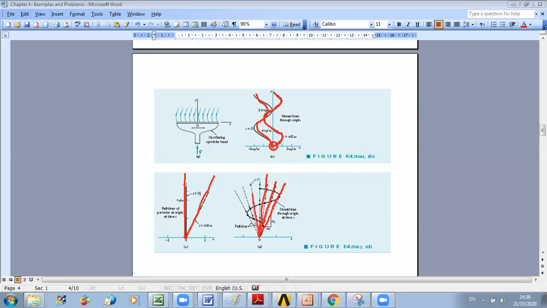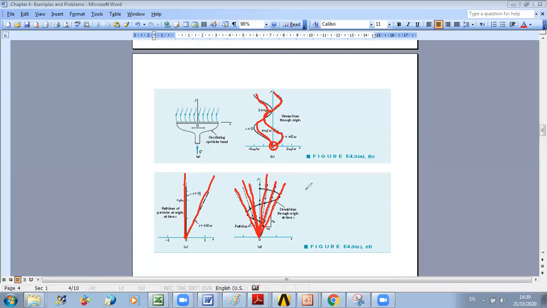So these are path lines for particles passing by the origin at different times. If you follow particles passing by the origin at different times, you will get straight lines, but not the same lines. They will vary with time. Now, from here we can define a new line which is called a streak line.